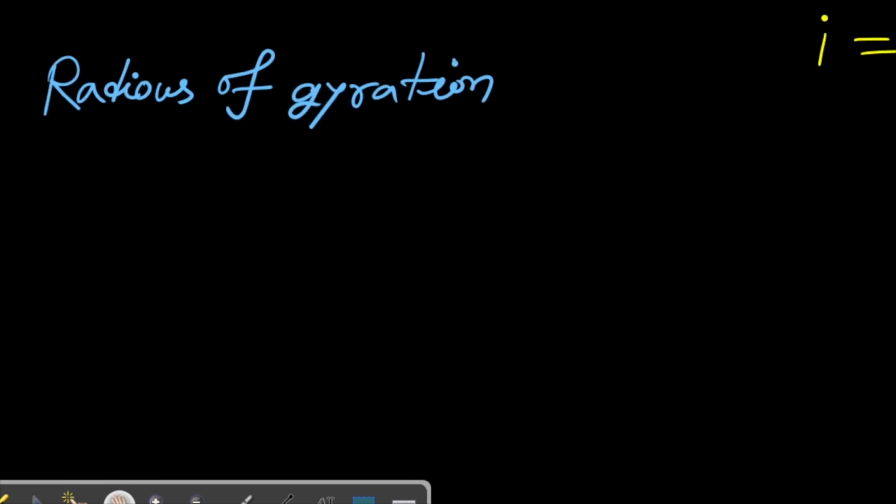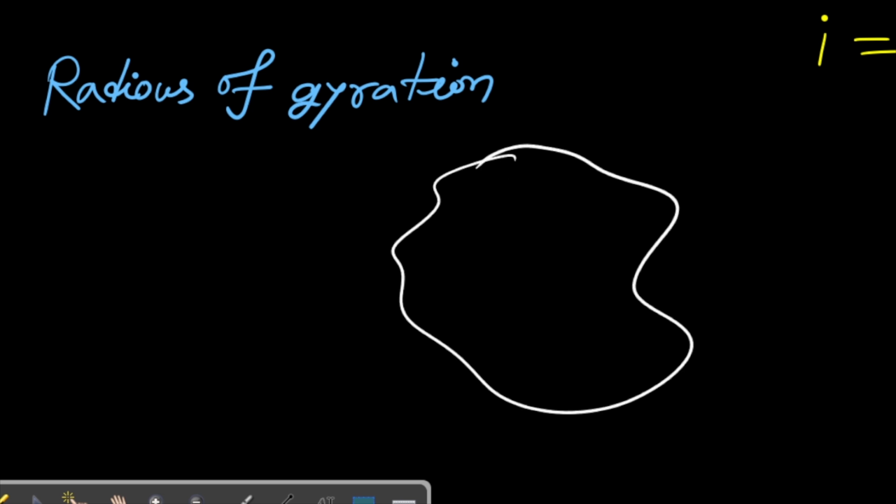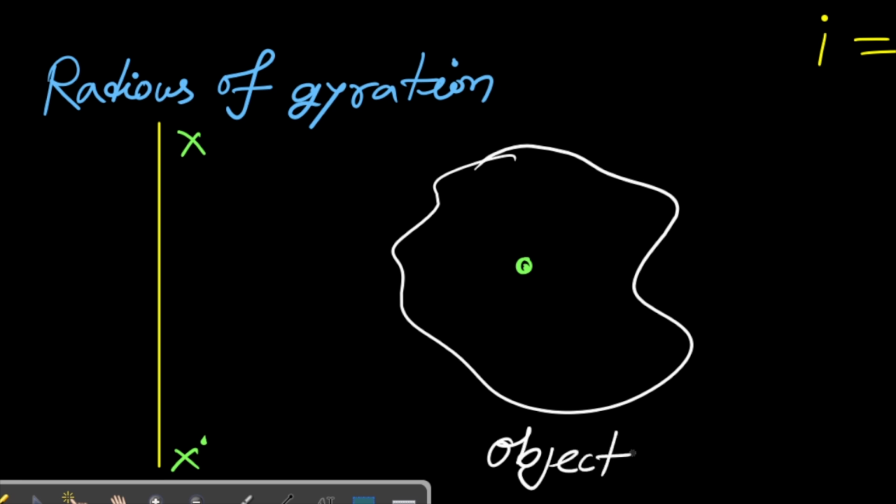Now we clarify by drawing another object. My dear students, suppose this is the object, and this is the rotational axis. Suppose the name of this rotational axis is x prime. Suppose this point is the center of gravity of the object.